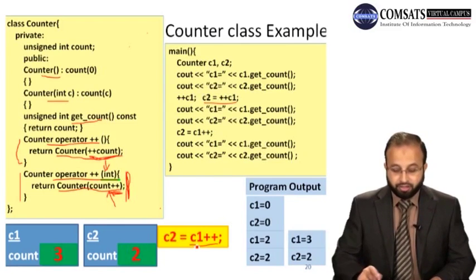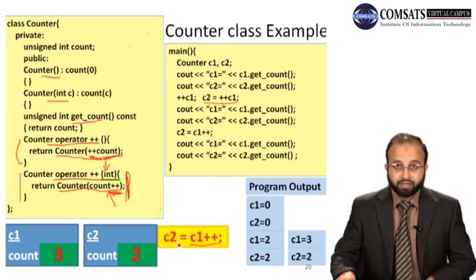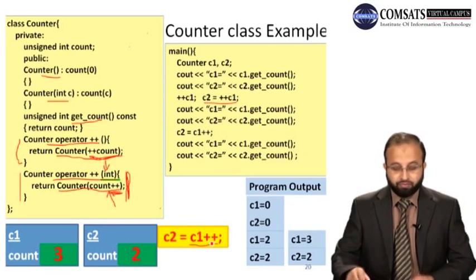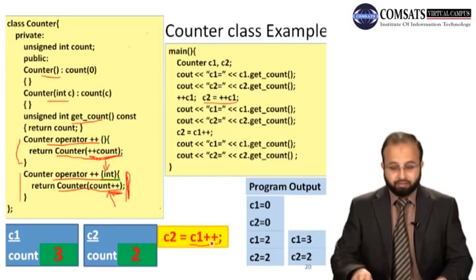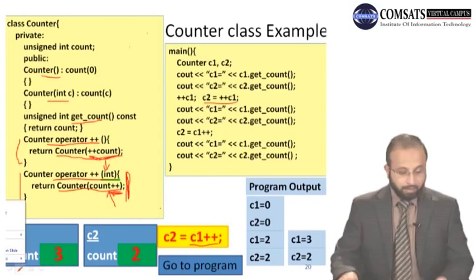So C1 की वैल्यू 3 हो जाएगी, C2 की वैल्यू 2 ही रहेगी, because इस स्टेटमेंट का मतलब क्या है कि C2 की जो करंट वैल्यू है that will be assigned to C2 object, and then C2 की जो प्राइवेट डाटा मेंबर की वैल्यू है that should be incremented, और वो वैल्यू इंक्रीमेंट हो जाएगी, वो 3 हो जाएगी। Now let's go to the program and see its execution.